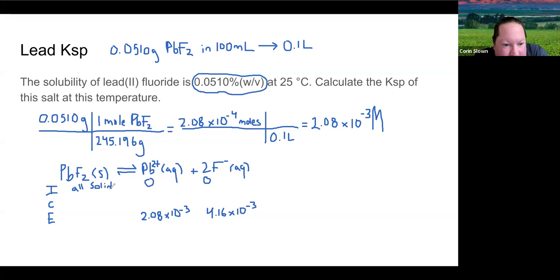We're going to lose 2.08 from our lead iodide because we are forming that same amount here. So this is going to be a plus 2.08.